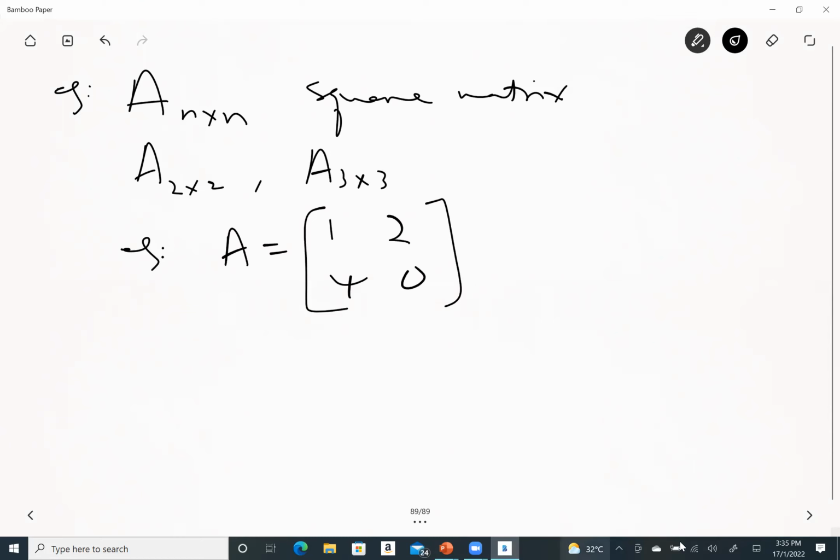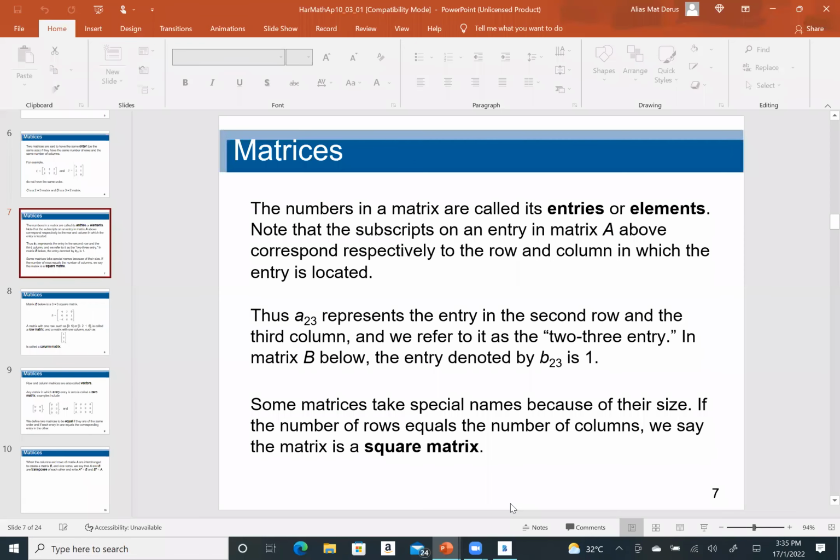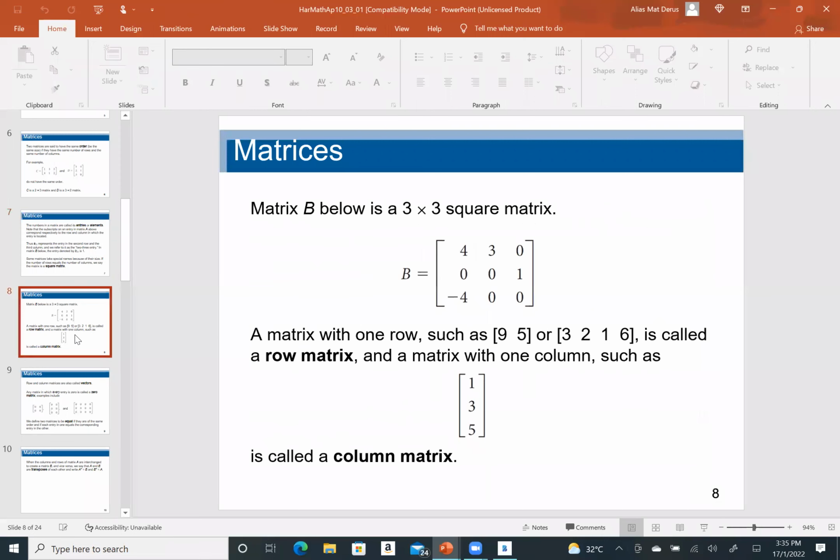All right. Okay, next. We have what we call a row matrix. The row matrix has only one row. We don't care how many columns there are. Just one row, you call it row matrix.